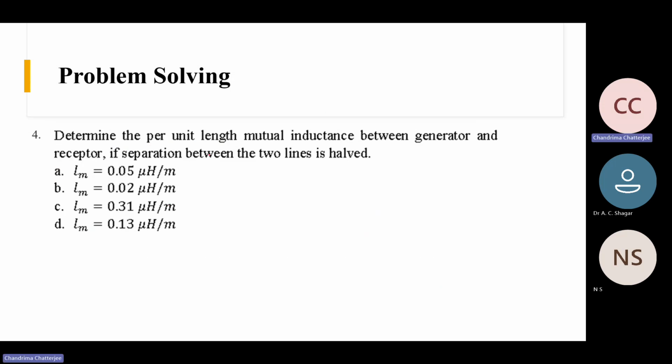So let's see the next question. Determine the per unit length mutual inductance between generator and receptor if separation between the two lines is halved. Now, what is the case? The case is that the separation is halved.